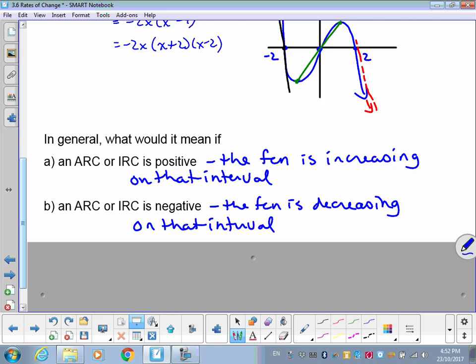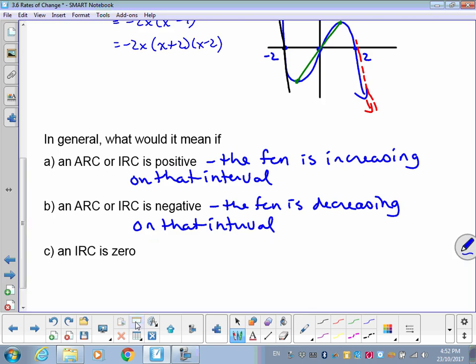And then the interesting one, because we didn't have this example, what if the instantaneous rate of change is 0? Well, remember that rate of change is slope. So what does it mean if the slope is 0? Well, lines which have a slope of 0 are horizontal.